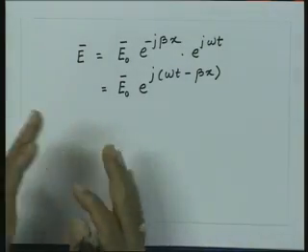Now, if I stand on a particular location in space, that means if x is constant, and look at the wave which is moving in space, the phase of this wave will be varying with respect to time as omega t. That means the phase is linearly increasing as a function of time.